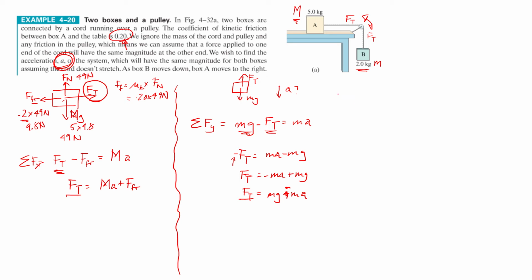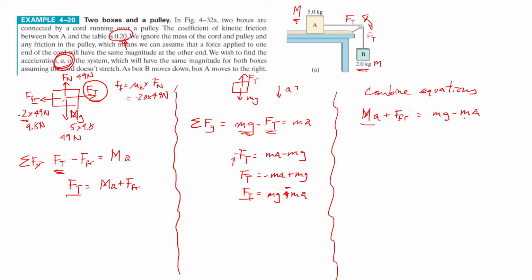Now let's combine them. Combine the equations. So I'm just going to make the two FT things equal to each other. This means that big Ma plus the force of friction is equal to little mg minus little ma.